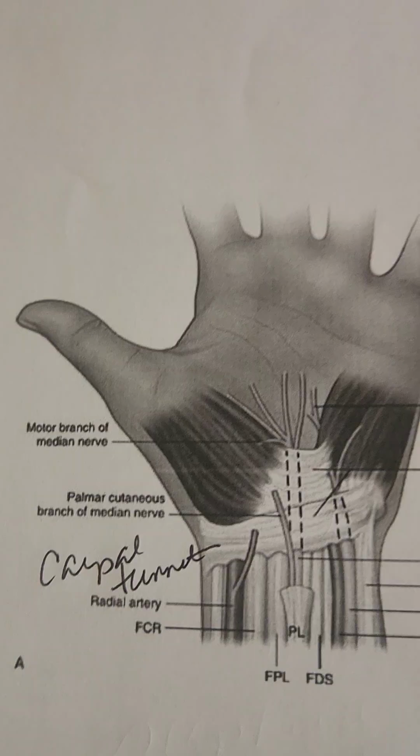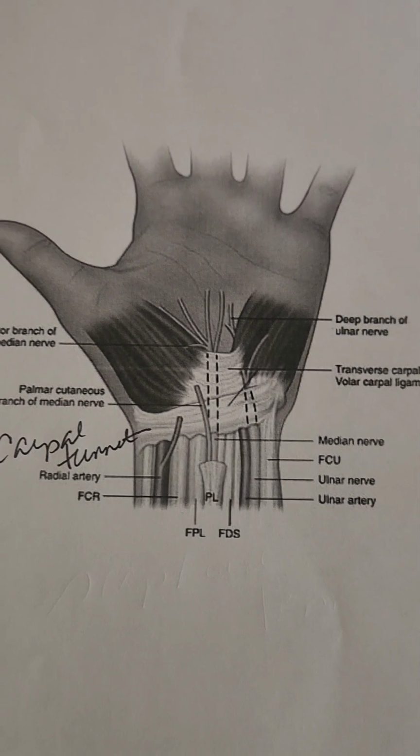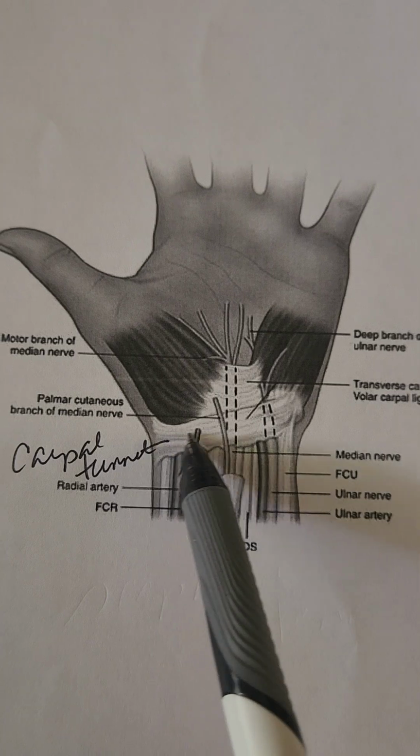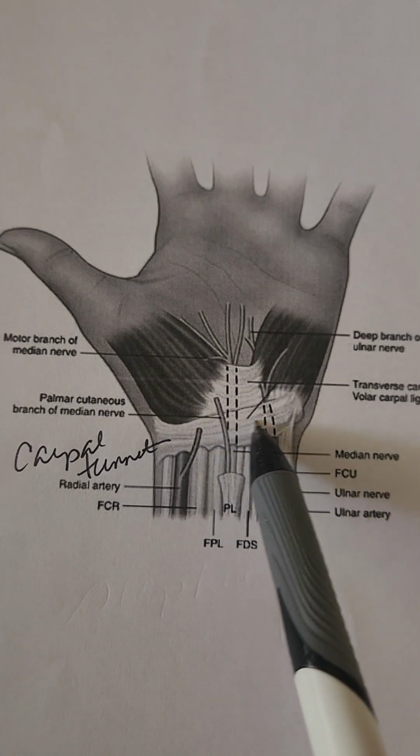Okay. Next, we're going to talk about the nerves in the palm, as well as what the carpal tunnel actually looks like. So I'm going to spin you around again. Here is our image. So this ligament here, that's called the carpal tunnel.